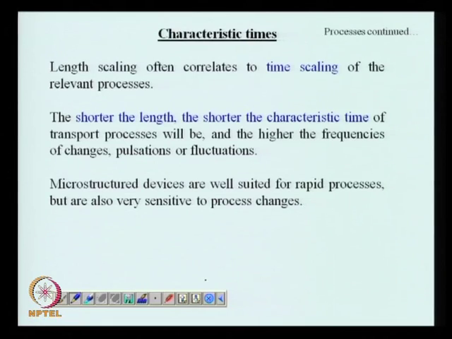So, if we think about dissolution of a substance, or one component diffusing into another, or two liquids flowing side by side, and due to diffusion there is some sort of overlapping or mixing taking place at the boundary, then the time scale of mixing for a micro device, due to the shorter length of transport, is going to be a lot faster than the macroscopic systems.